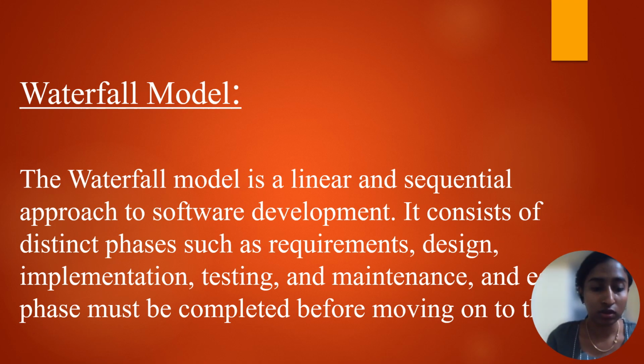So in the waterfall model, the phases are the requirement phase, a design phase, then implementation phase, then testing phase, and last is the maintenance phase, and how it is applicable to real-time systems. So first we will discuss the first phase, that is the requirement phase.